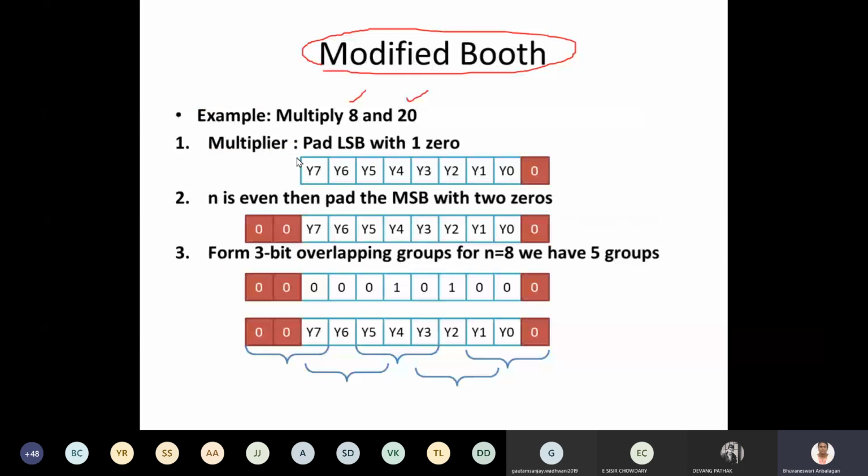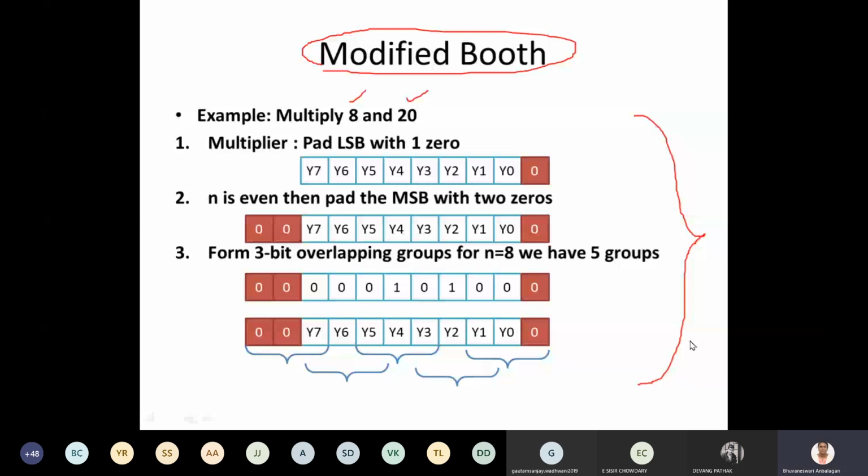Multiplicand. Can anyone type in the chat box for which number I am going to perform bit pair recoding, multiplicand or multiplier? Yes, type it in your chat box. Can you follow the class?